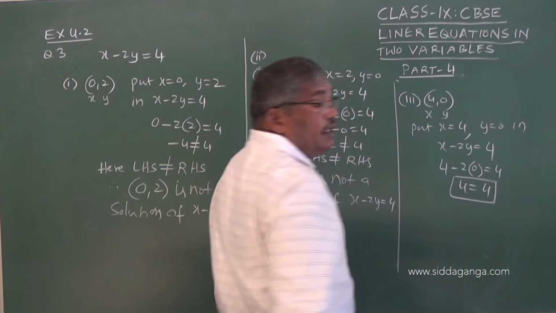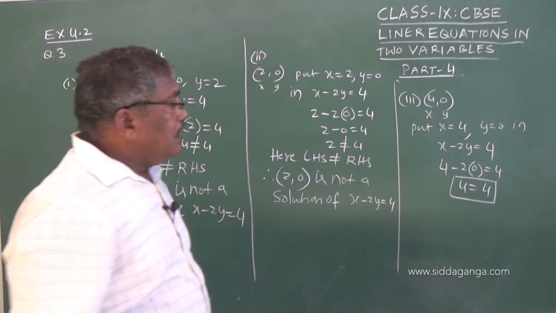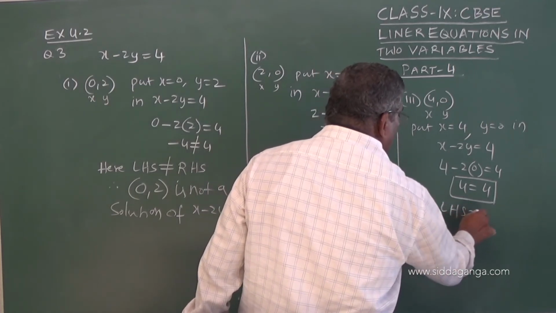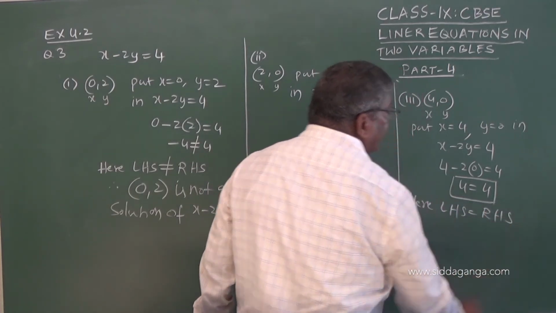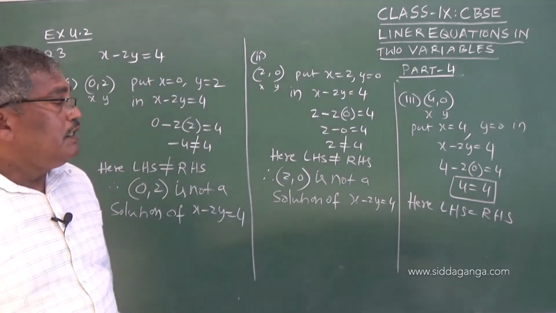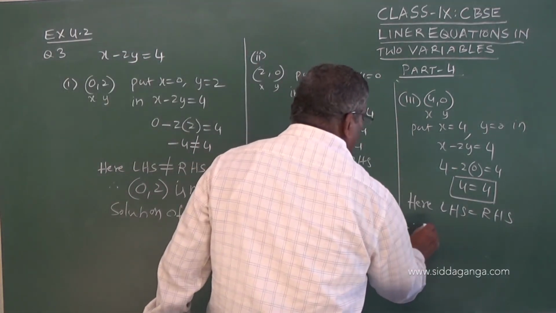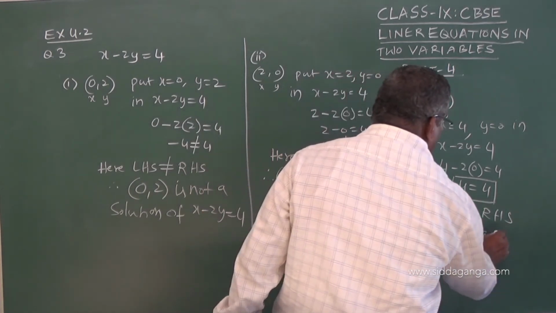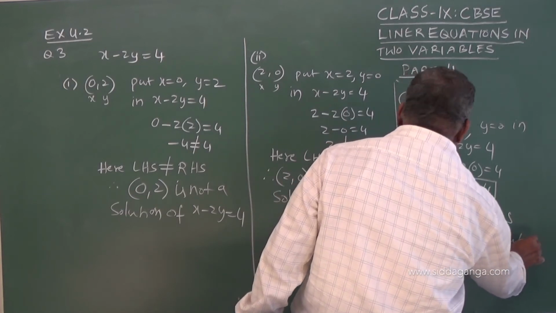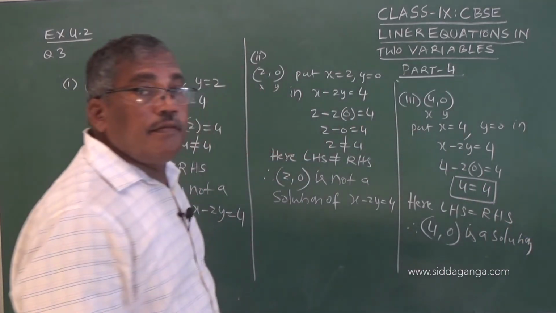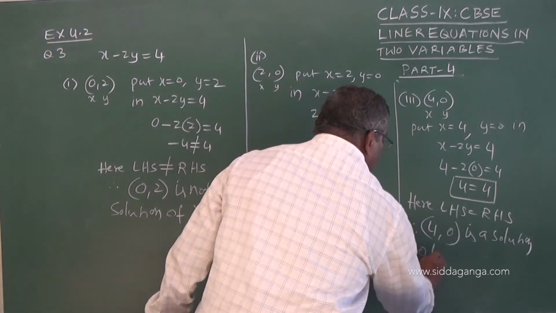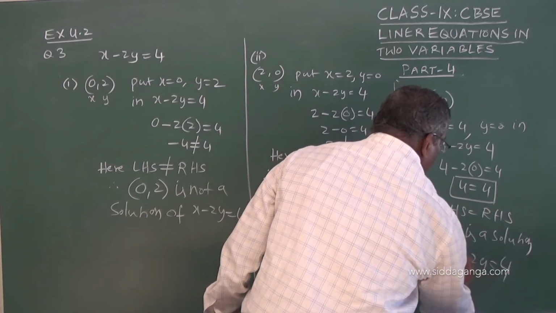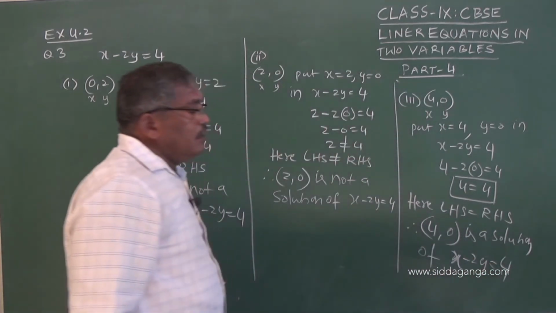So here we got the solution. LHS equals RHS. That means the values satisfy the equation. Therefore, (4, 0) is a solution of x minus 2y equals 4.